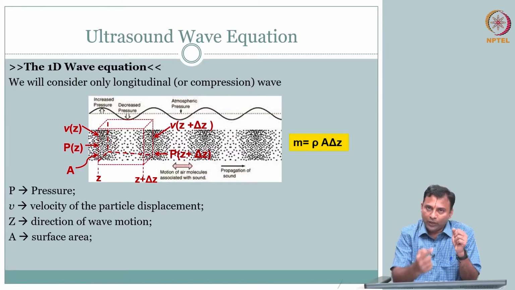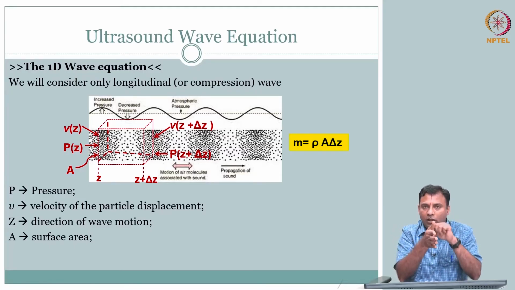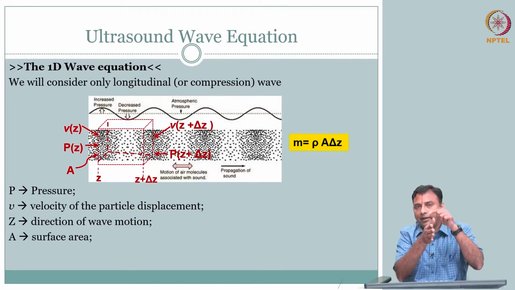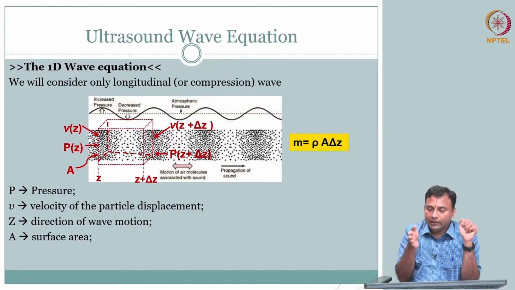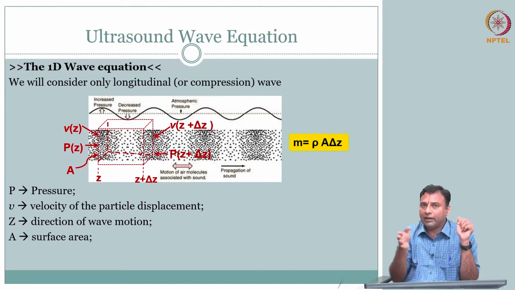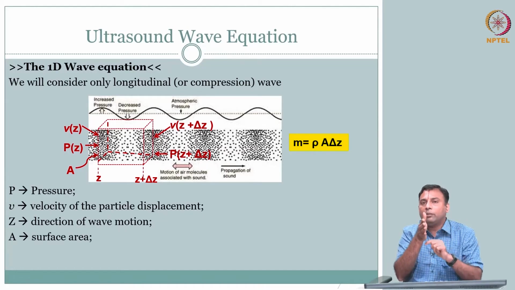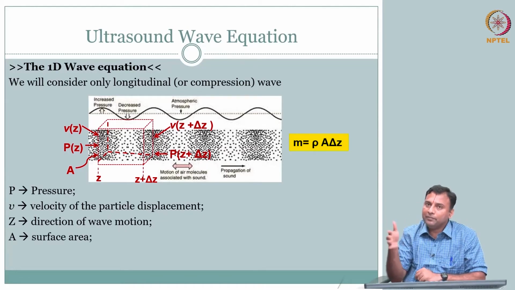So in the xy plane, all the particles experience the same pressure. This is moving back and forth, the wave is moving left and right. In plane waves, we are talking about the planes that are moving.